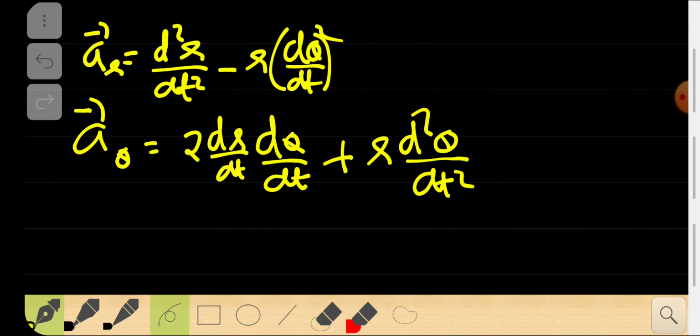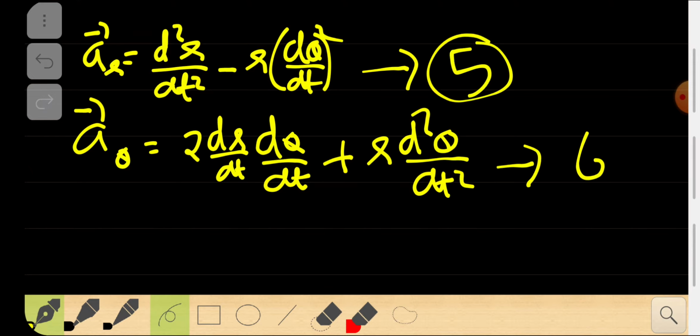Let's call these equations 5 and 6. This is the radial component of acceleration, and this is the angular tangential component of acceleration.